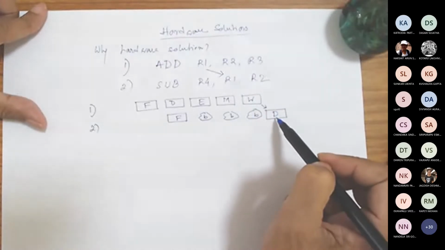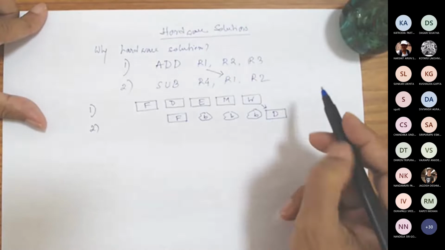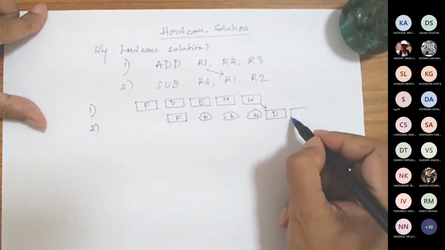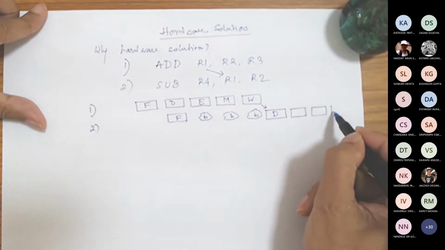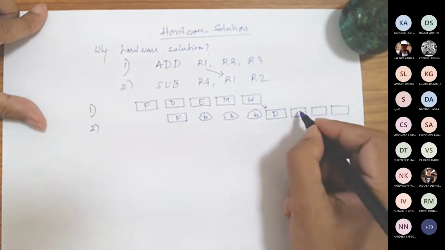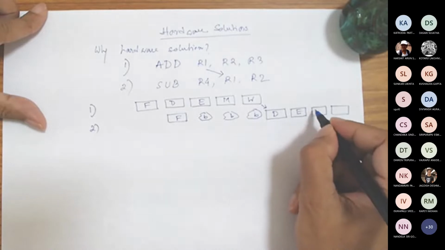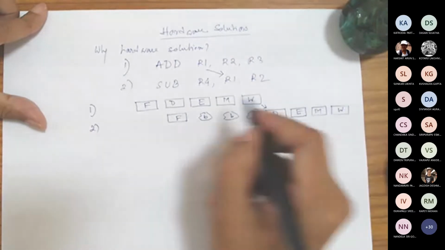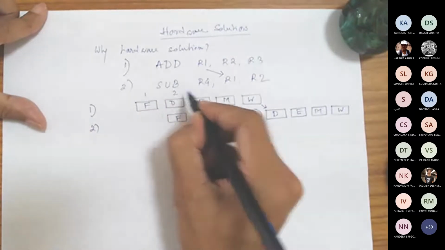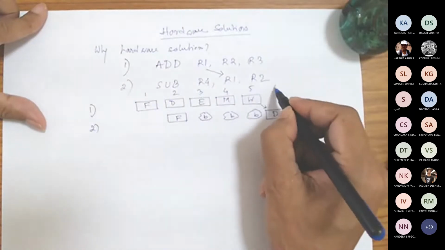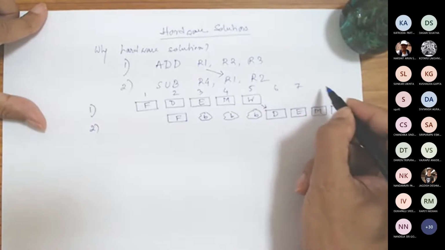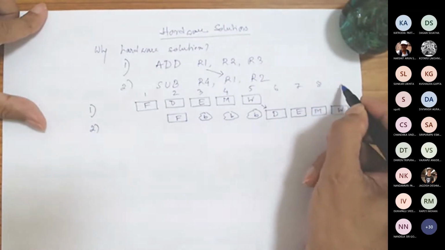Then only it can be used during the operand read, which is the decode stage, and then it continues. So 1, 2, 3, 4, 5, 6, 7, 8, 9.